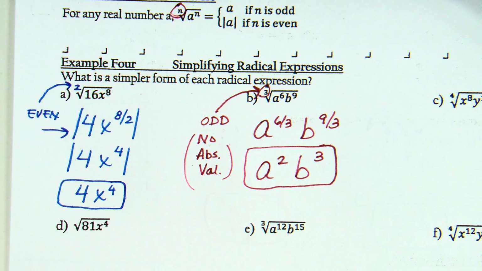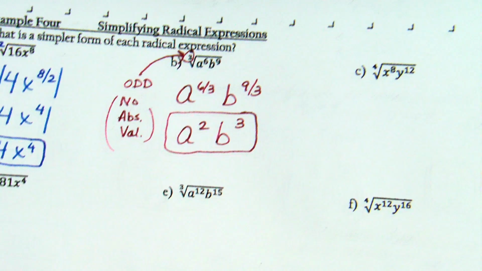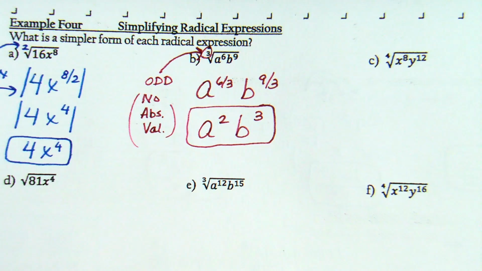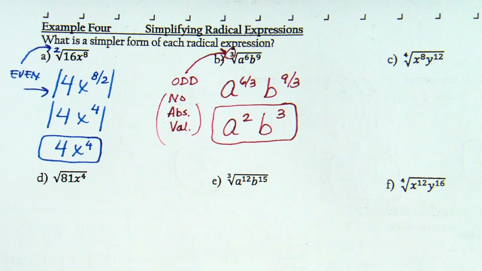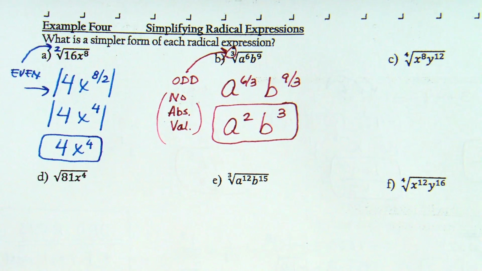Okay, let's try C. And good news, regardless, if you ignore the absolute value, these problems are actually pretty easy. Okay, 4th root of x to the 8th, y to the 12th. How do I do the 4th root of x to the 8th, y to the 12th?